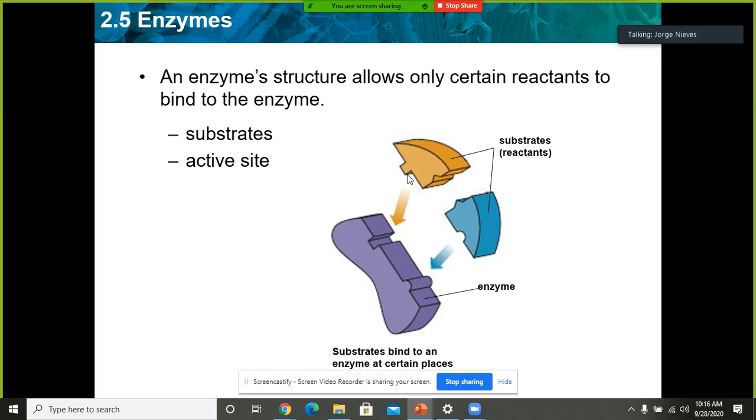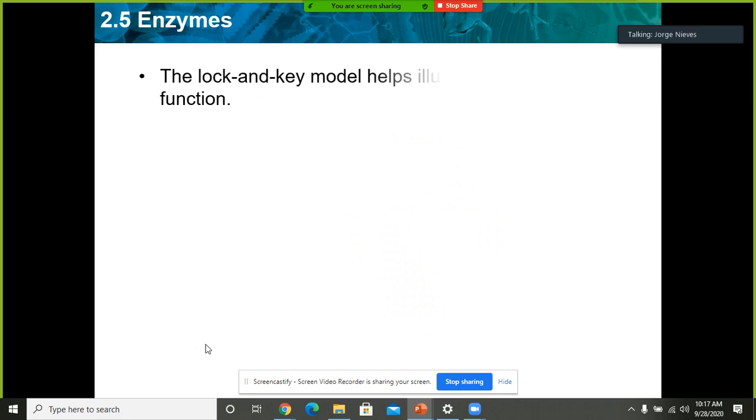Parece como una llavecita que va a interactuar con esa enzima. Lo notas, la parte amarilla o la parte mostaza is going to interact with the top part, and the blue part is going to interact with the lower part of the enzyme, okay? So that's basically what we call a substrate and an active site.